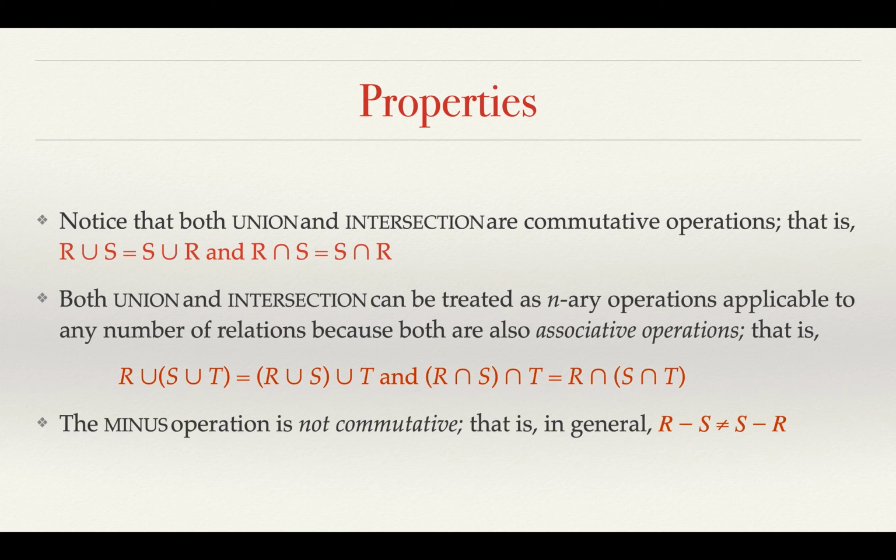Now we'll see the properties of the set operations. Union and intersection are commutative operations. You can see R union S equals S union R, and R intersection S is equal to S intersection R. Both union and intersection can be treated as n-ary operations, applicable to any number of relations, because both are also associative operations.